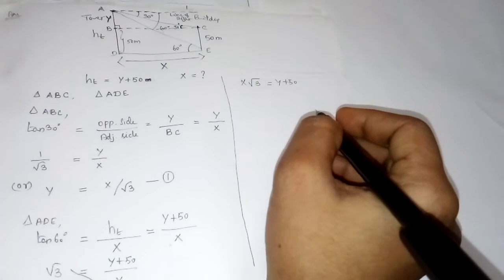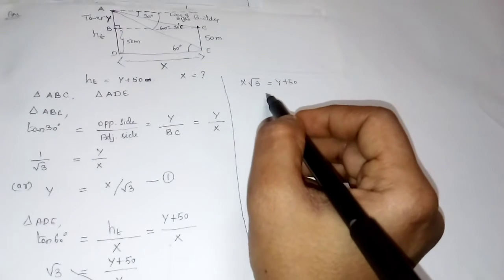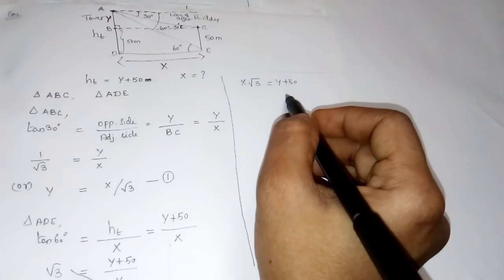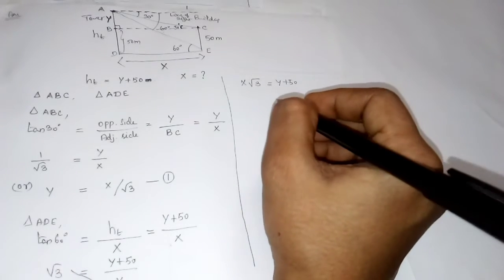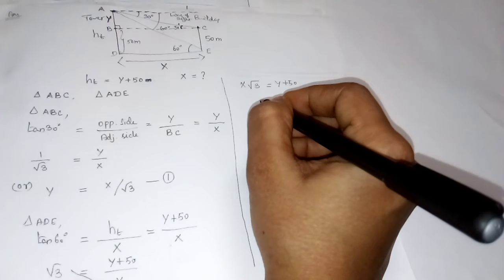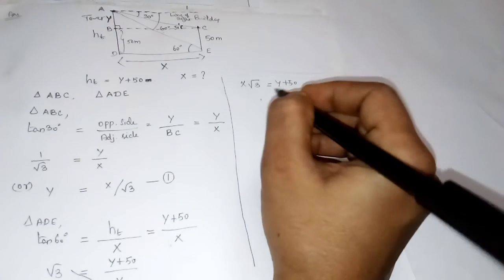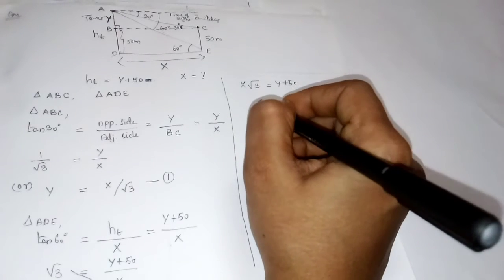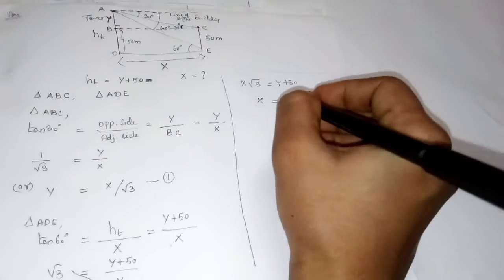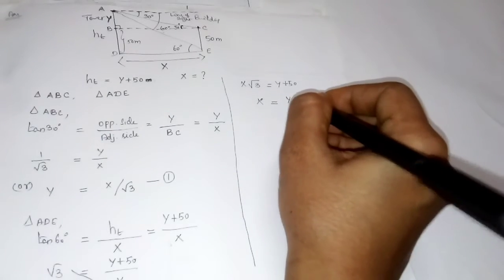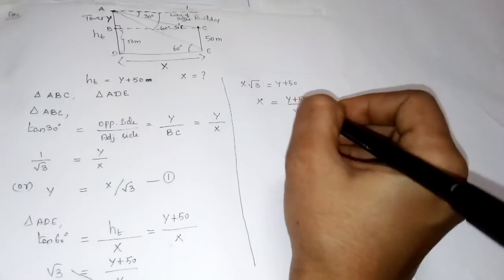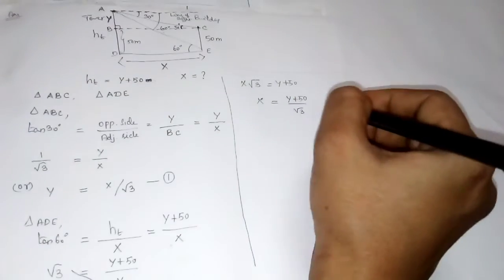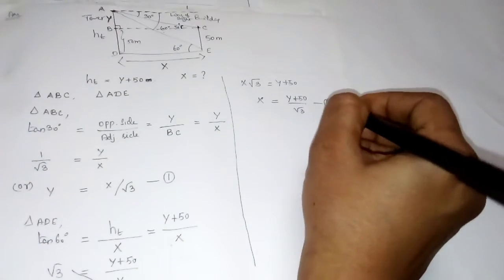From this, you find x, which is equal to y plus 50 by root 3. Keep this as equation number 2.